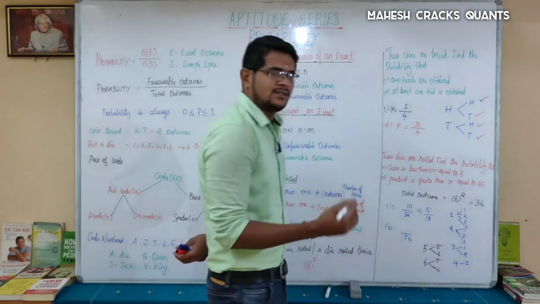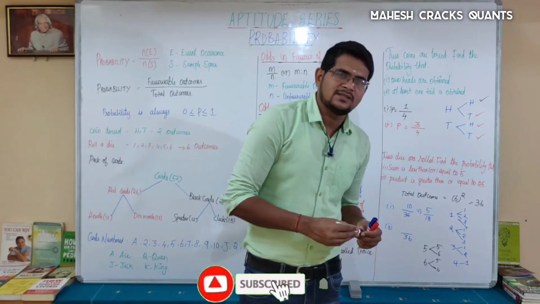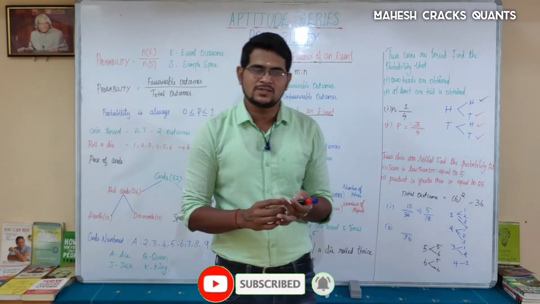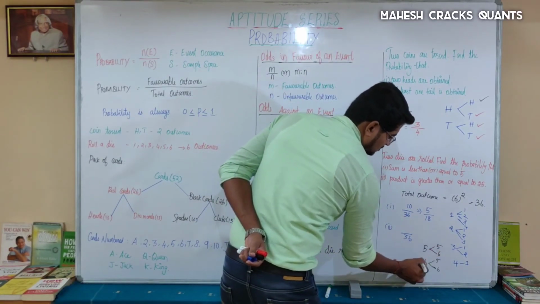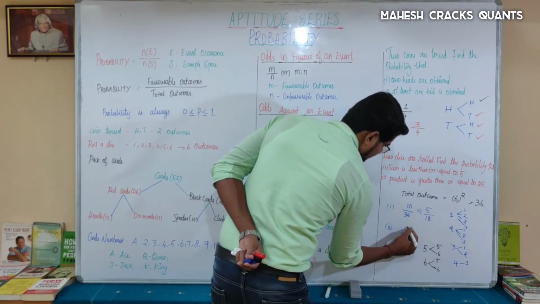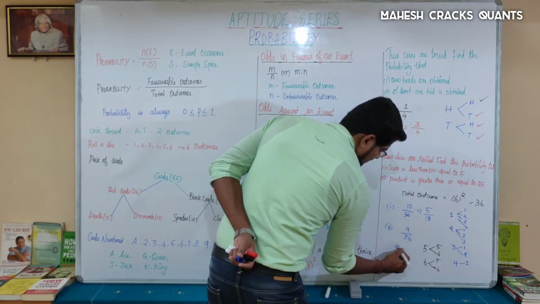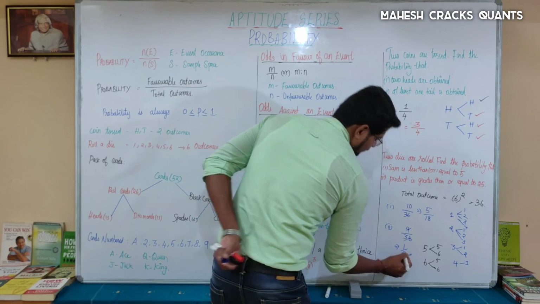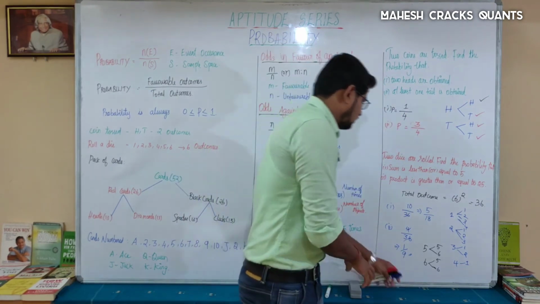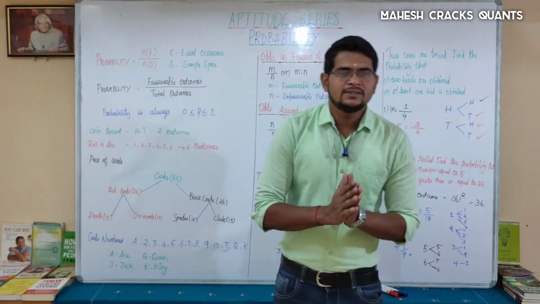So 6 into 5, 30. 6 into 6, 36. That's it. Only 4 possible choices for the second question: 5, 5, 5, 6, 6, 5, 6, 6 totally. So 4 by 36, which is nothing but, cancelling, 1 by 9, since 9 times 4 is 36. So that's all the basics of probability.